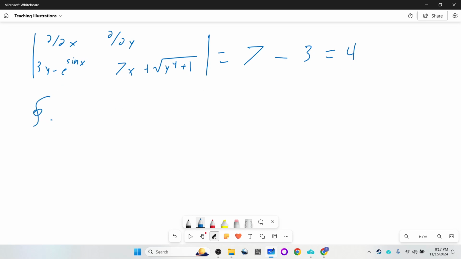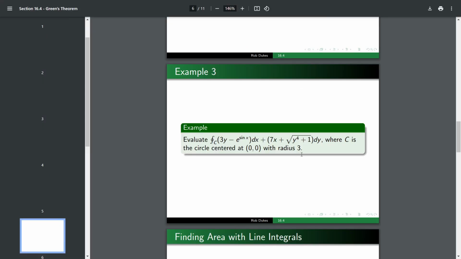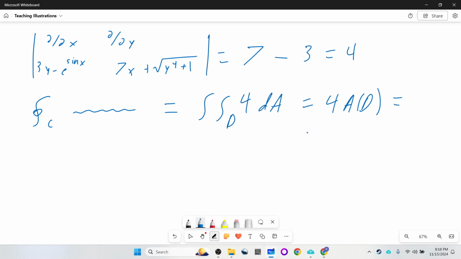So the circle integral of all that, I'm not going to rewrite it all, is equal to the double integral over D of 4 dA. Okay, so that just means it's 4 times the area of D. What was D? It was a circle with radius 3. So, well, we know how to find the area of a circle. It's 4 times pi times r squared, which will come out to 36 pi.